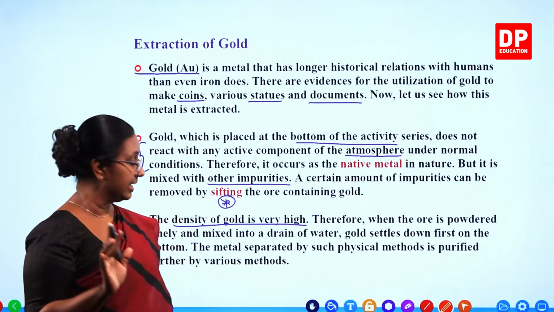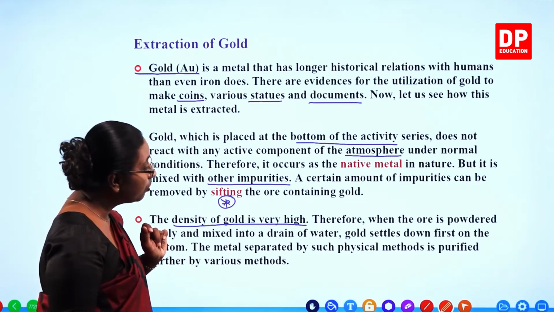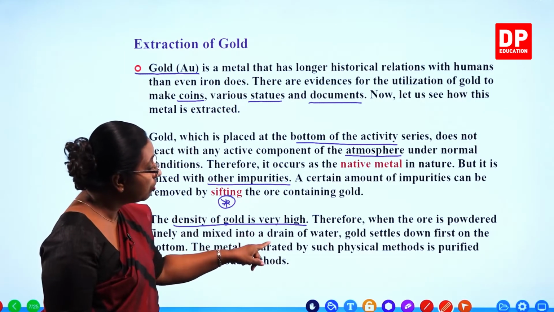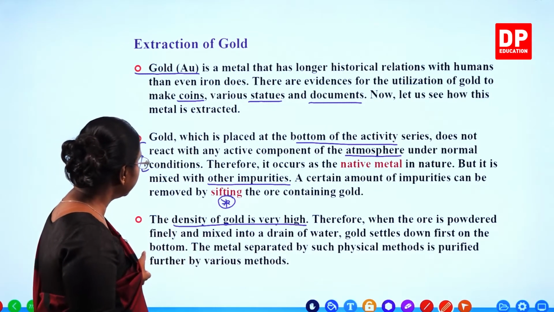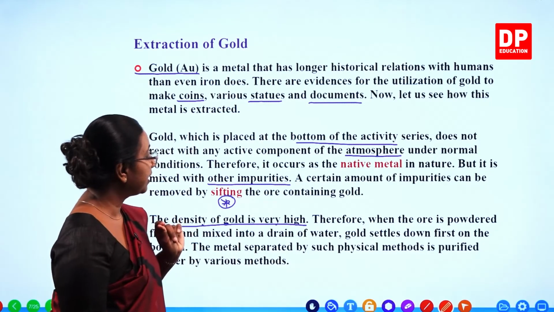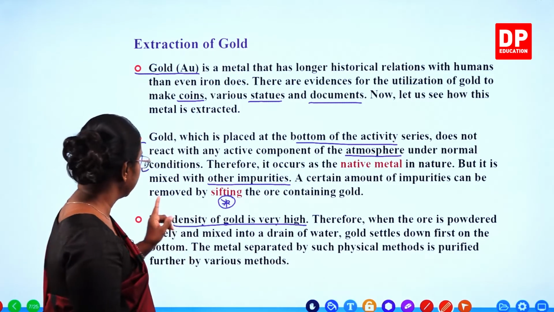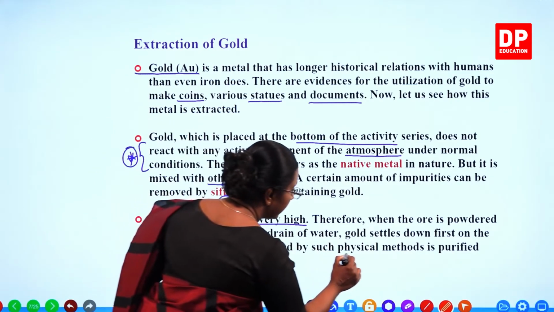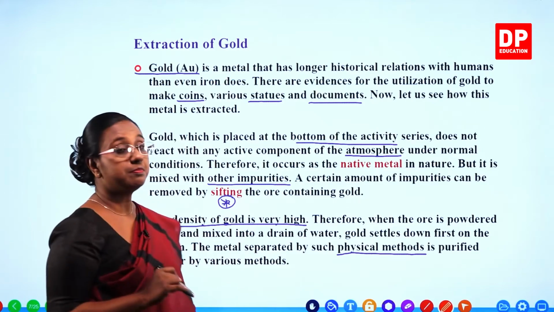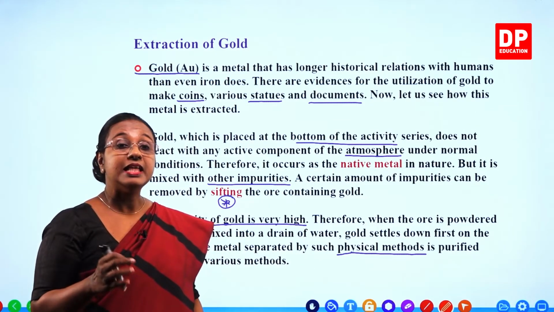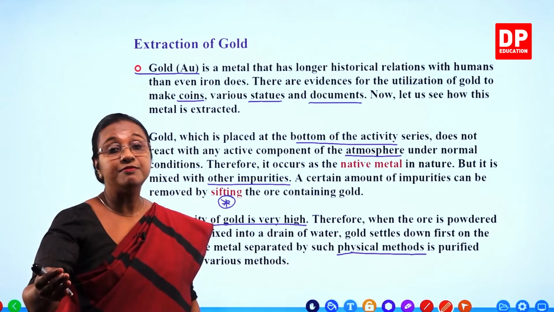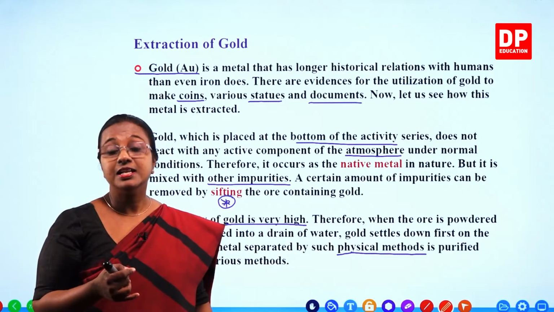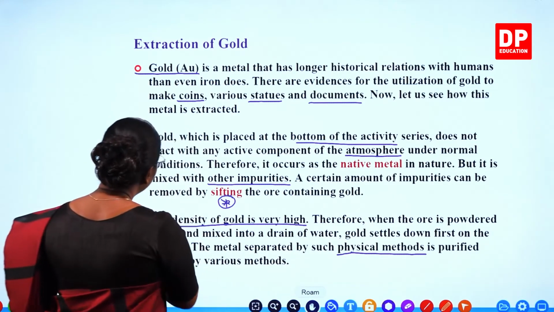Therefore, when the ore is powdered finely and mixed into a drain of water, gold settles down first on the bottom. The metal separated by such physical methods is purified further by various methods. So here they are separated from the impurity by a physical method. Then again, they can even be purified further using other methods. We can use chemical methods that I will discuss in the next slide. So this is how sifting is done.